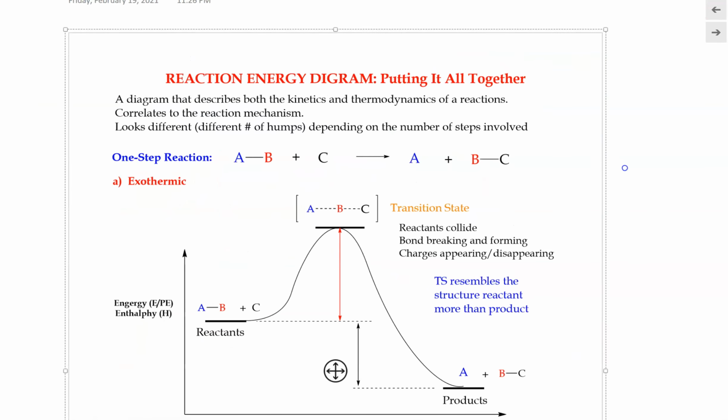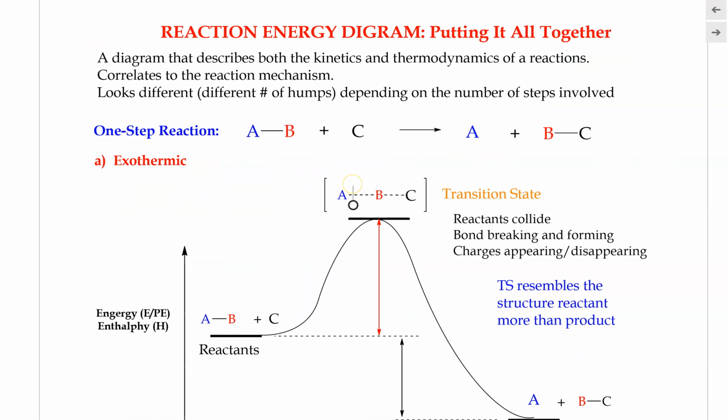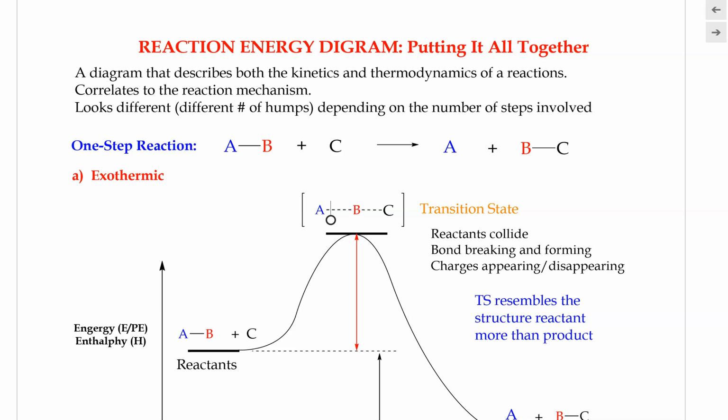Now let's put all of this together and learn how to construct the potential energy diagram. Again, an energy diagram describes both the kinetics and the thermodynamics of a reaction, and it correlates to the reaction mechanism.